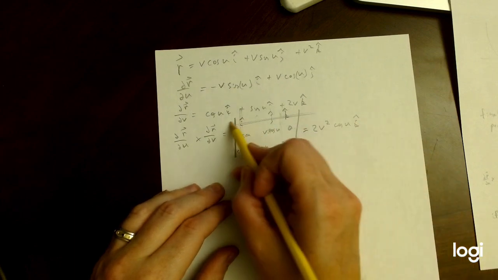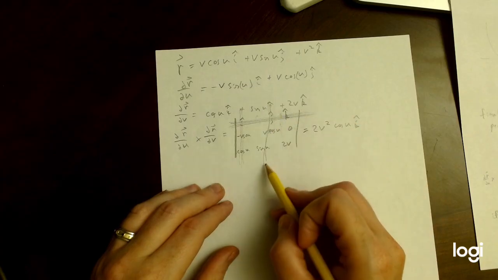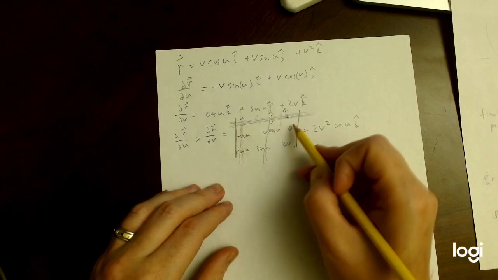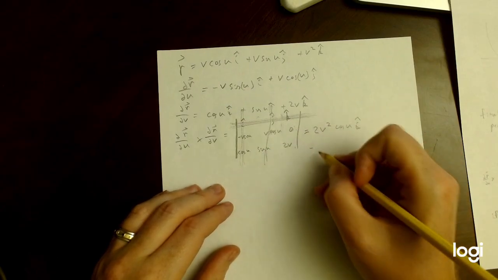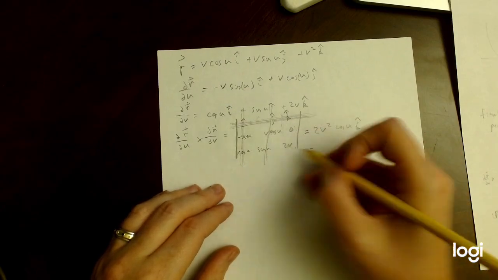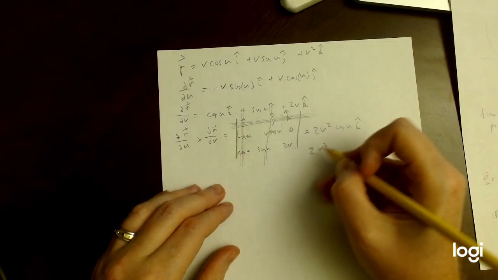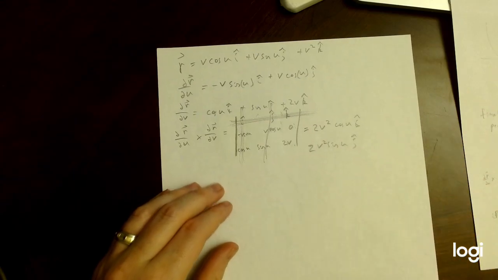To do the j hat component, we cross out the top row and this column, and we do this times this, subtract this times this, except with the j hat component, it comes along with an extra minus sign. So we'll have 2v squared sine u j hat.